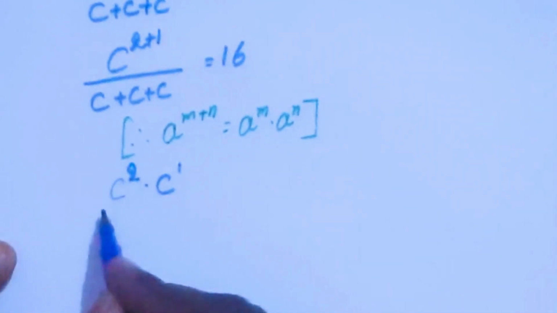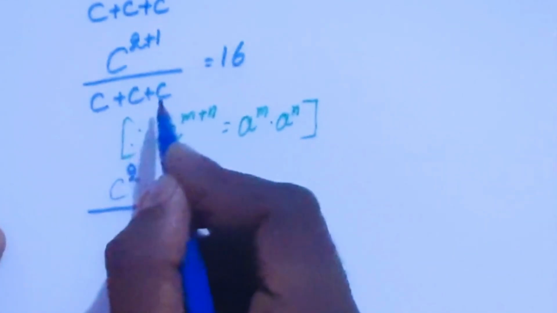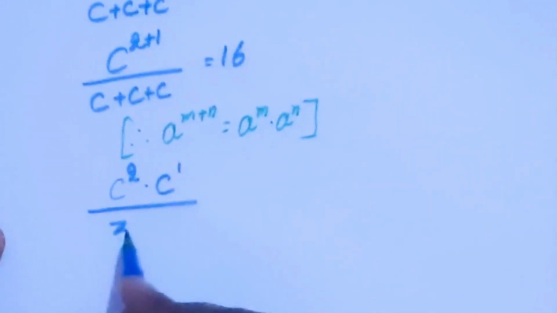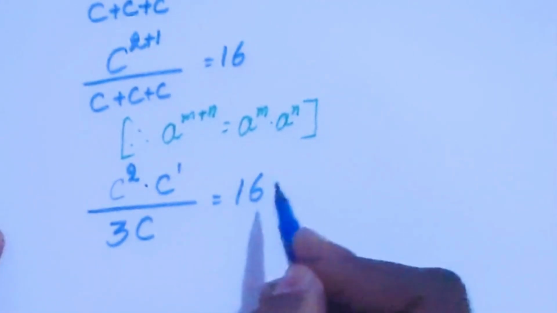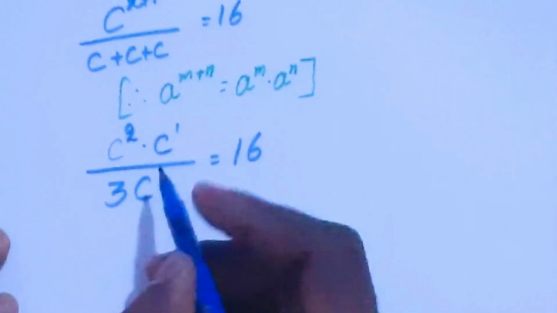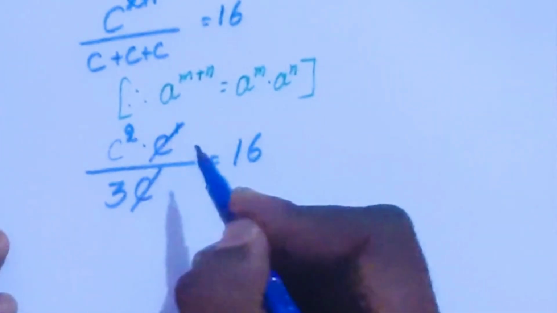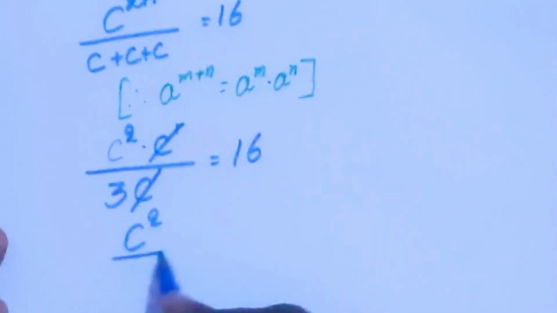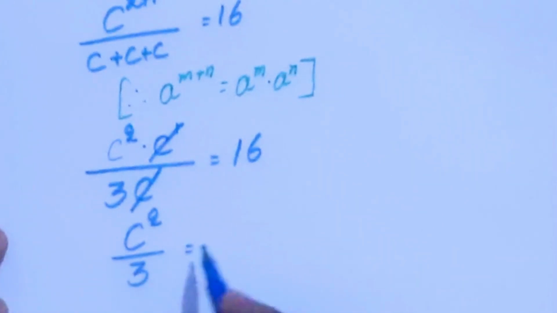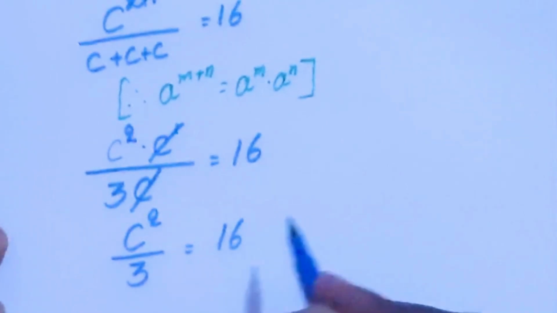In the denominator, C plus C plus C can be written as 3C, equal to 16. Now this C cancels this C, so we have C square by 3 equals 16.